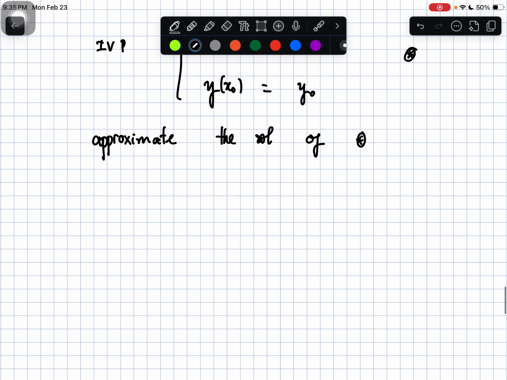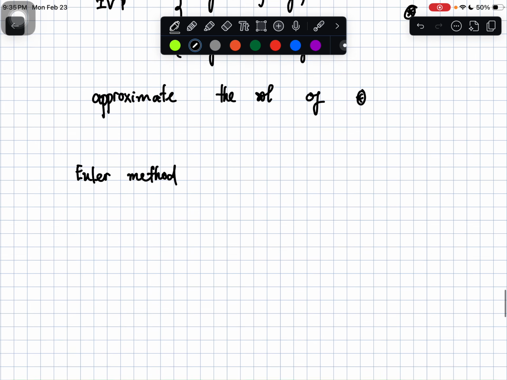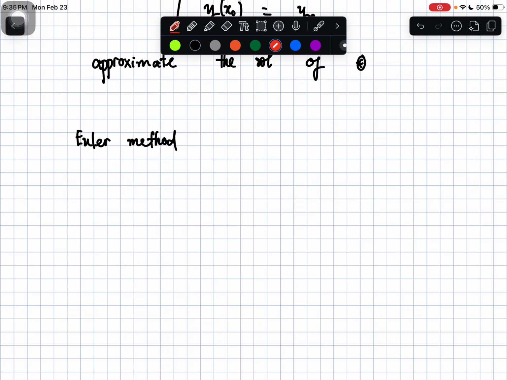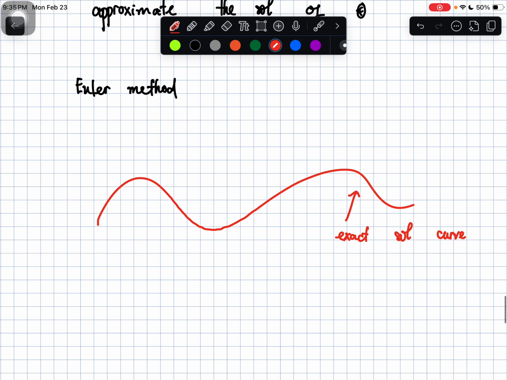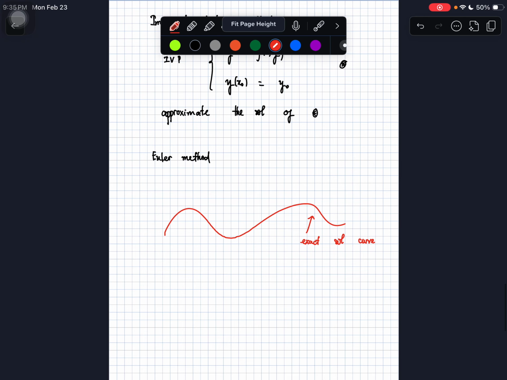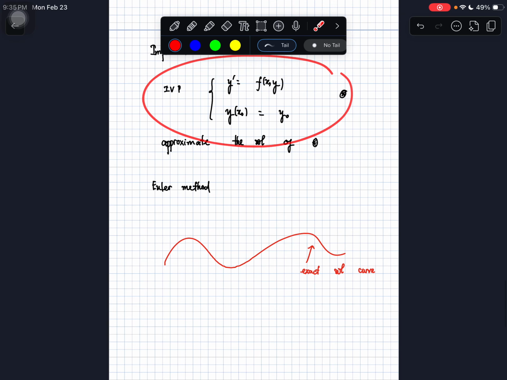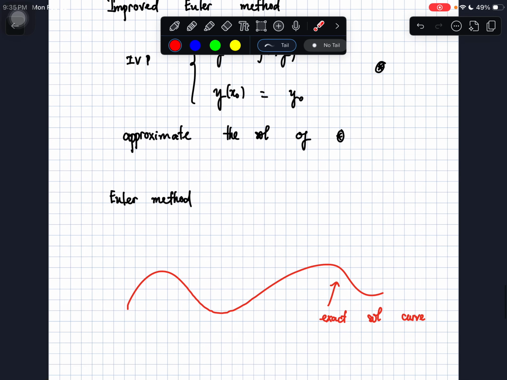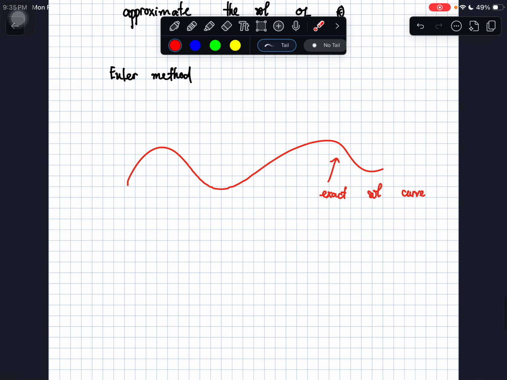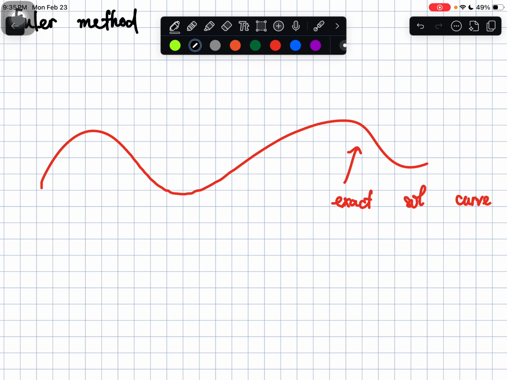So for the Euler's methods, the actual version, what we do is as follows. Assume that this is the solution curve, the exact solution curve. So the points on this curve will satisfy this system, and we know that (x0, y0) is on this curve.